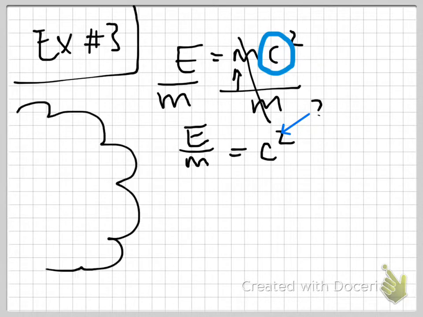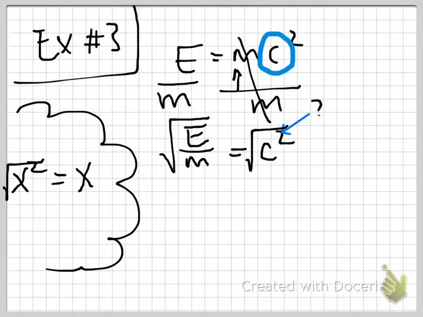Well, I remember from Algebra 1 that if I take the square root of x squared, that just gives me x. So that's what I'm going to apply to this. If I take the square root of both sides, because whatever you do to one side, you have to do to the other, the square root of c squared just gives me c.